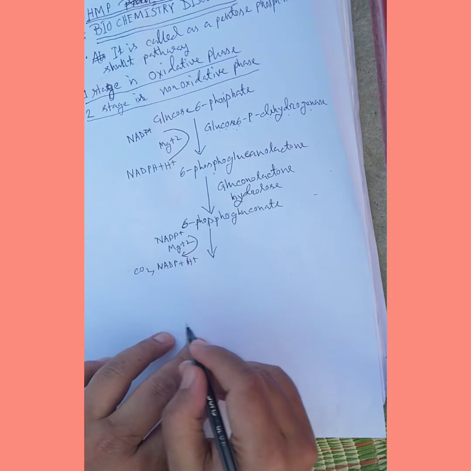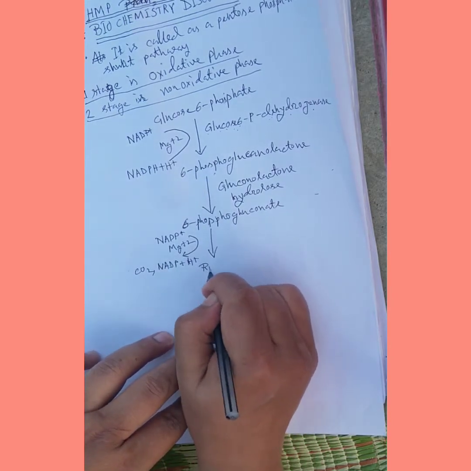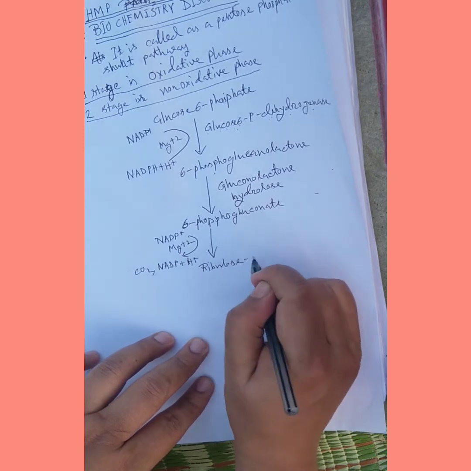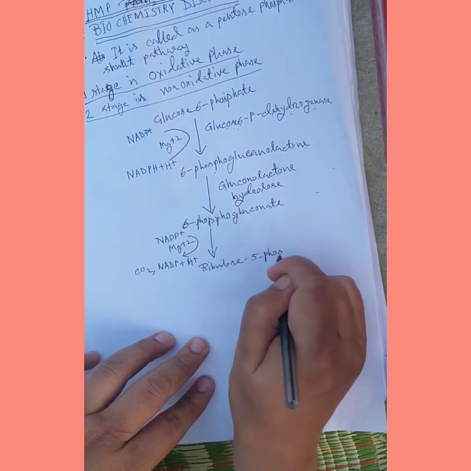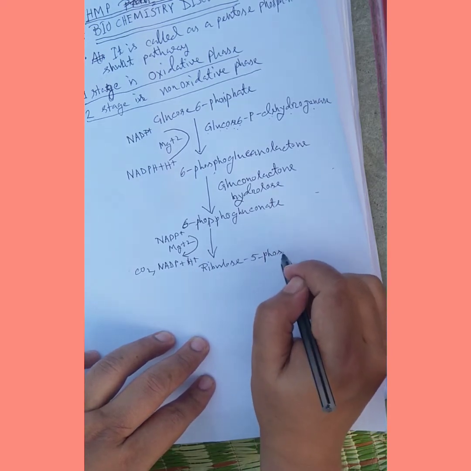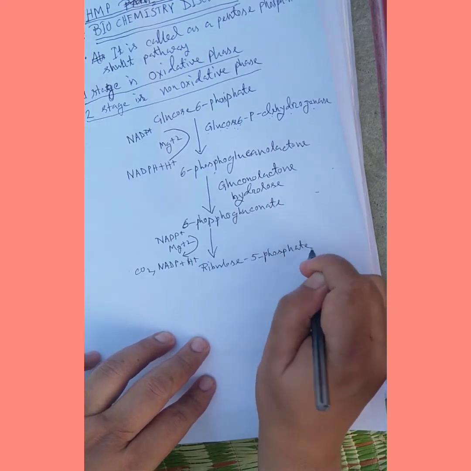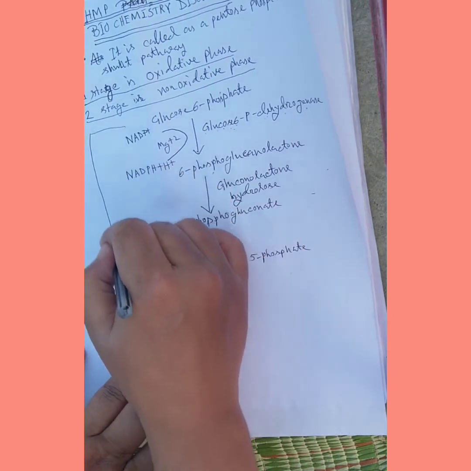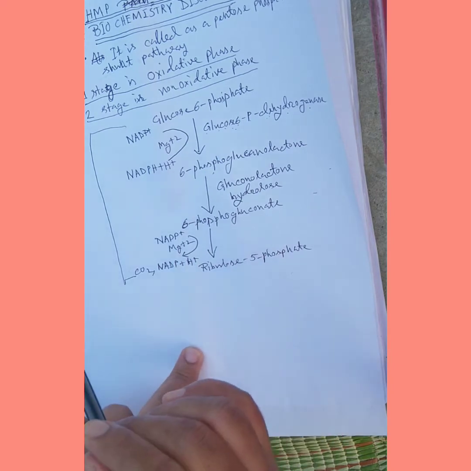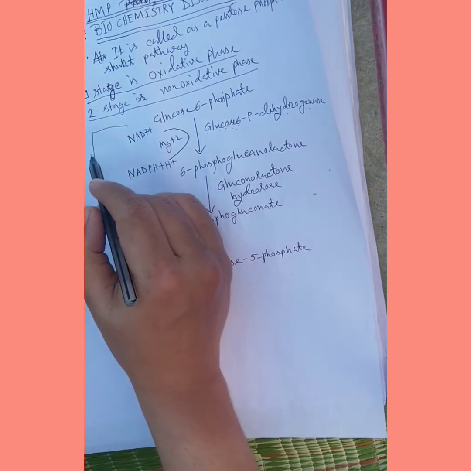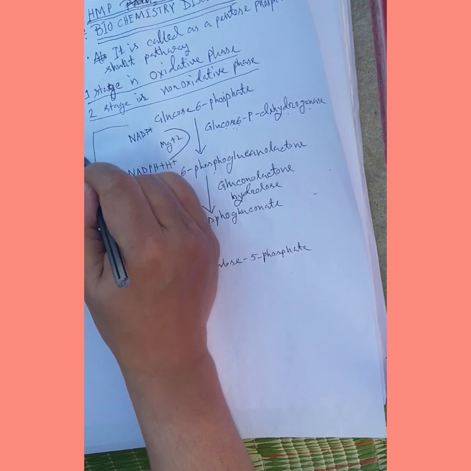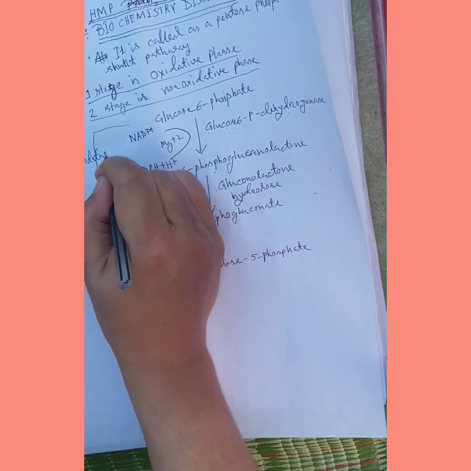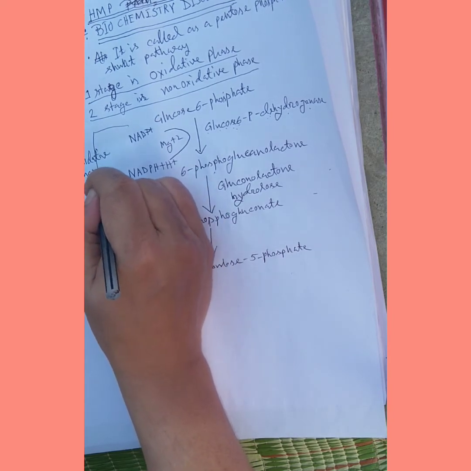We get ribulose 5-phosphate. Friends, look, this stage is called the oxidative phase.